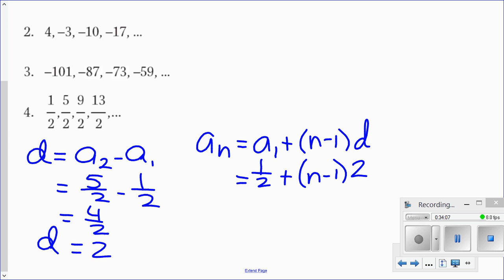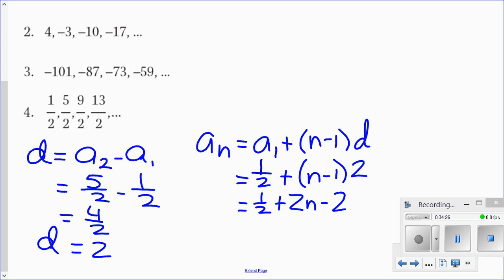Are you with me? So now we distribute the 2. 1/2 plus 2 times n is 2n. 2 times negative 1 is minus 2.